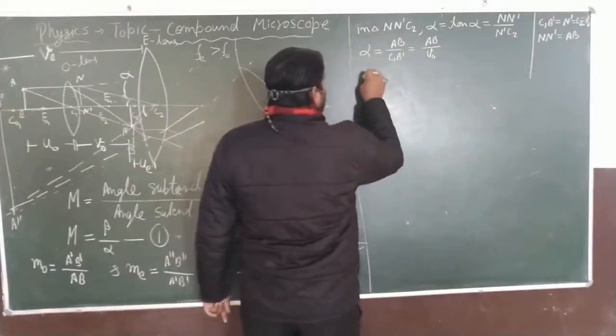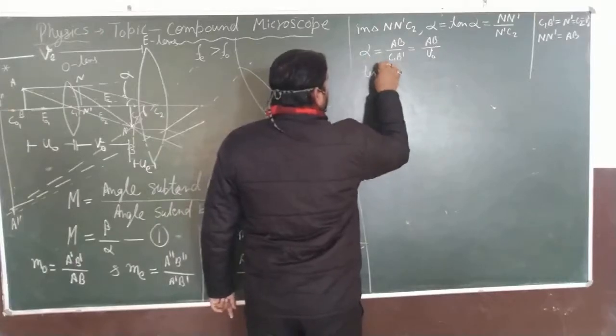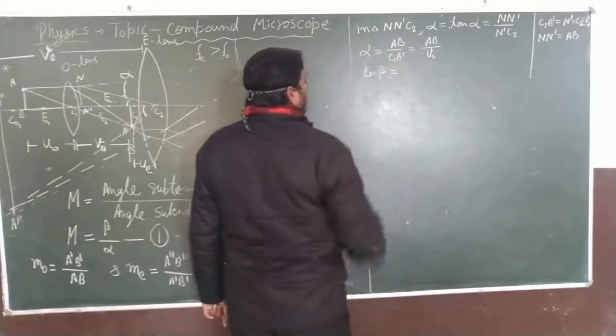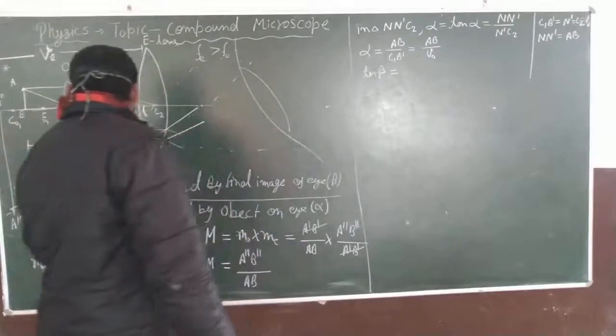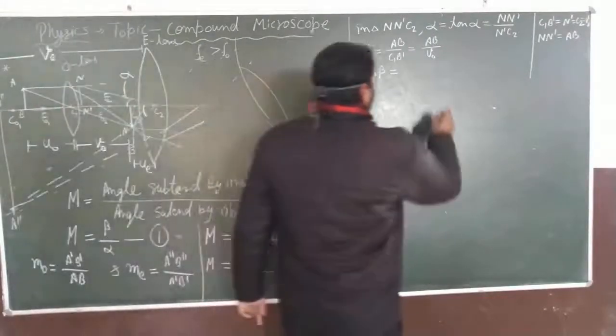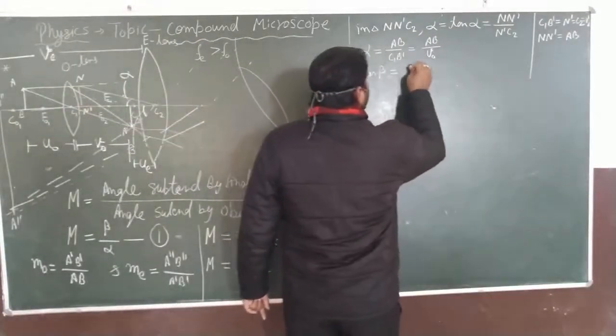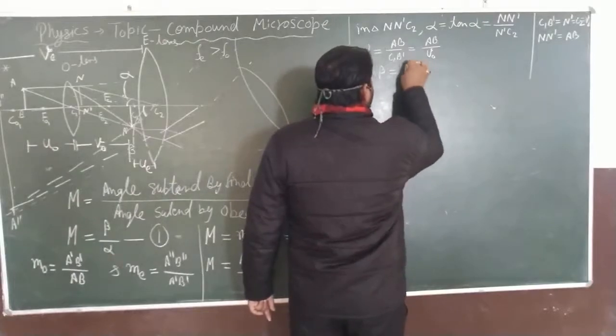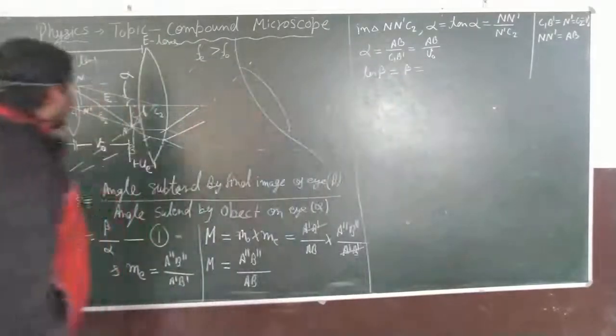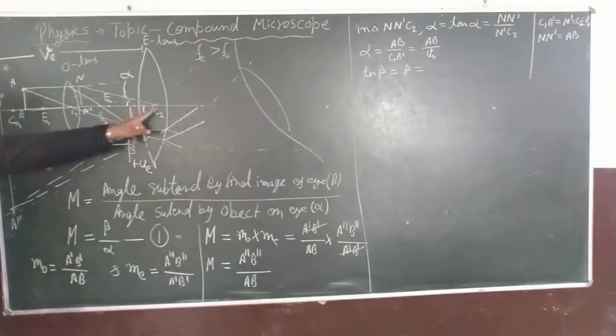And beta is equal to this. We take the triangle, this one.